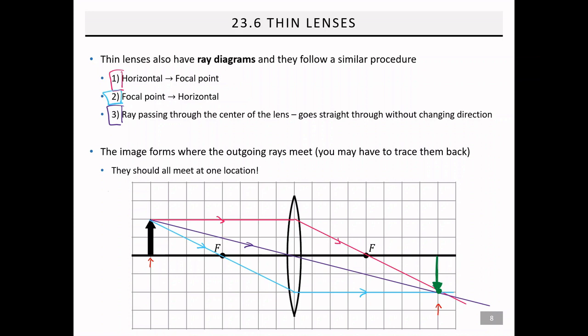So for instance, if I draw a random ray that passes through the top of the lens, we'll refract this ray so that it passes down through the image location. Similarly, if I draw a ray that passes through the bottom of the lens, we'll refract the ray so that it refracts up toward the image location.